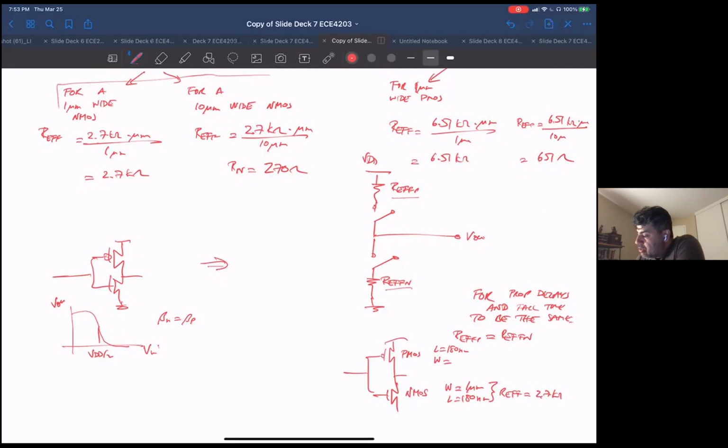Now, what width do I need to make this 2.7 kilo ohms? I want to make this width 6.51 kilo ohm over 2.7 kilo ohm times 1 micron. So it's 6.5, so I want to make this width 2.4 micron.